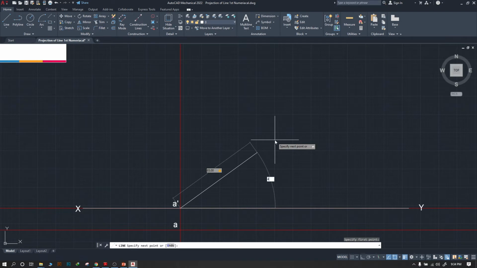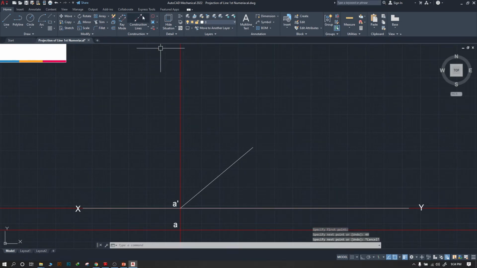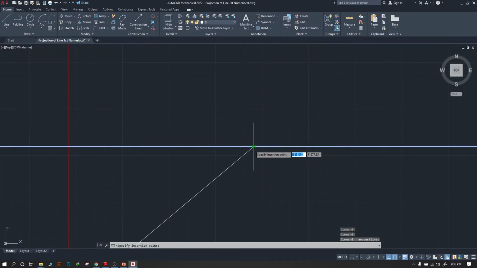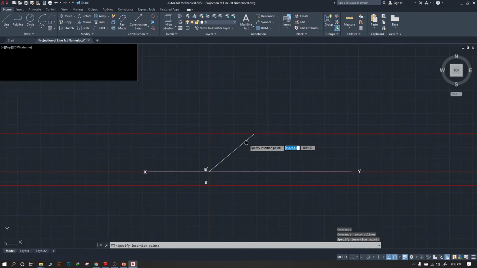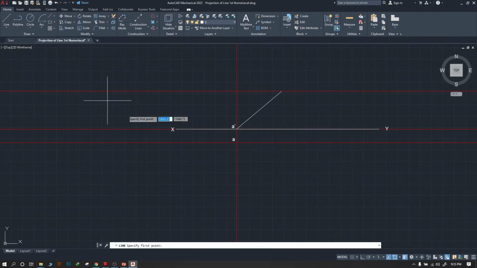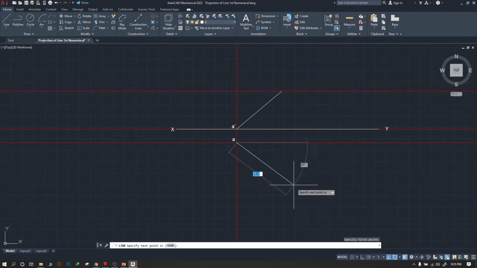The angle is 40 degrees in the front view. After making the 40 degree angle, we will mark the construction line for the locus of the B dash point, and B1 dash. The same procedure we have to follow for A: we take the distance 65 and the angle is 30.